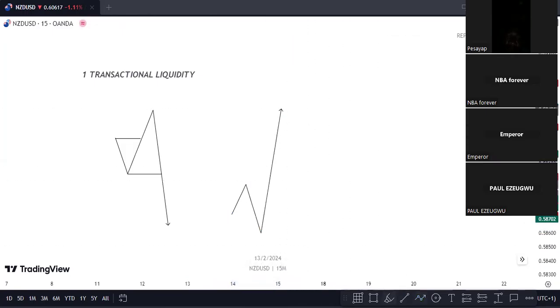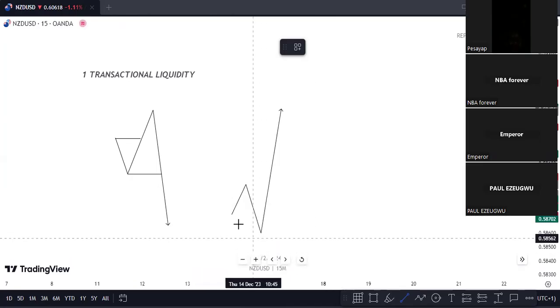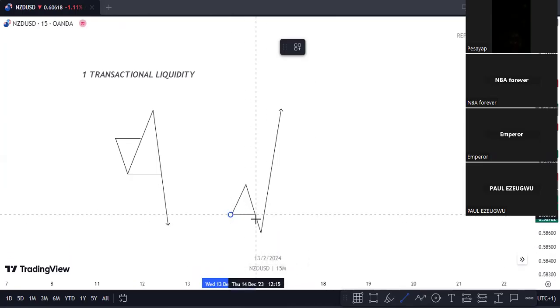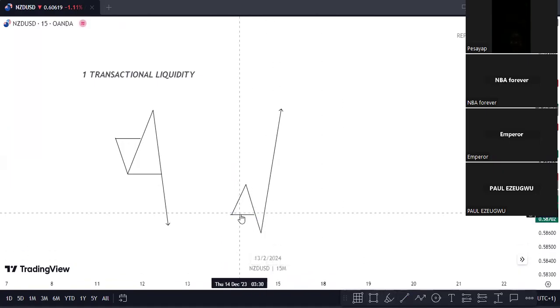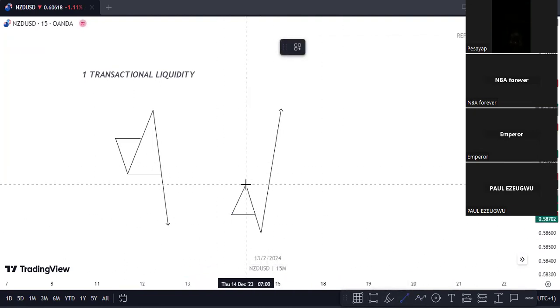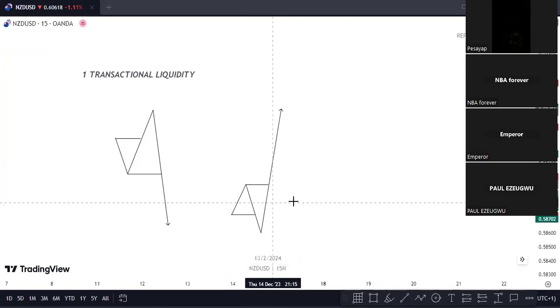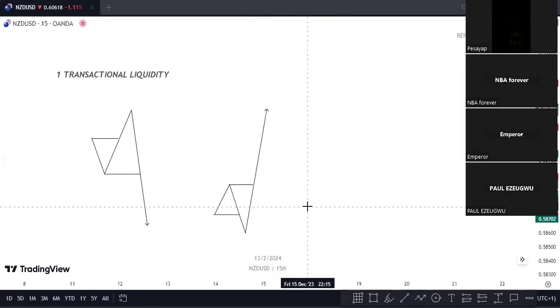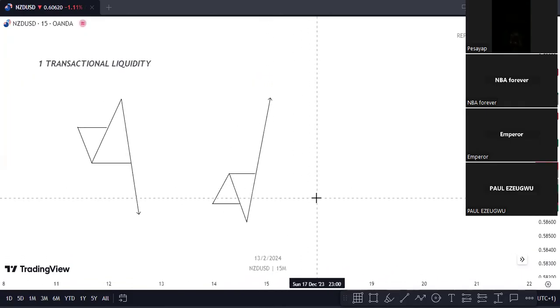Your Quasimodo itself, the liquidity that occurs when a Quasimodo is created, is what we regard as the transactional liquidity. So this is a bullish example.